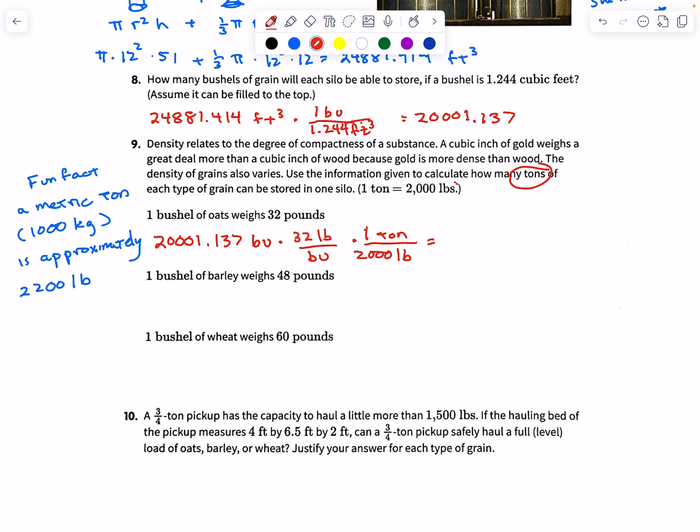But we're just doing the English system here. And a bushel of wheat, last but not least, was 60 pounds.